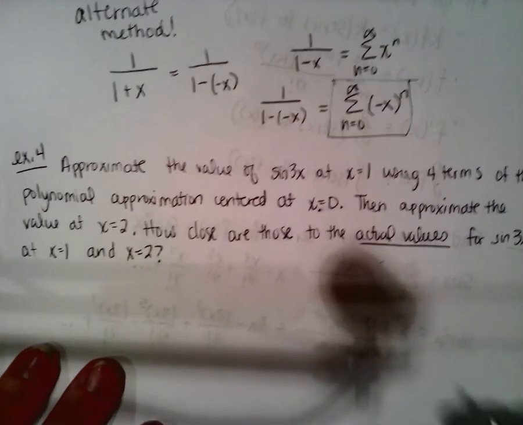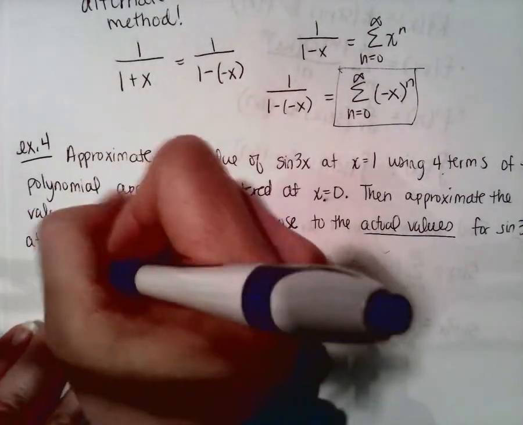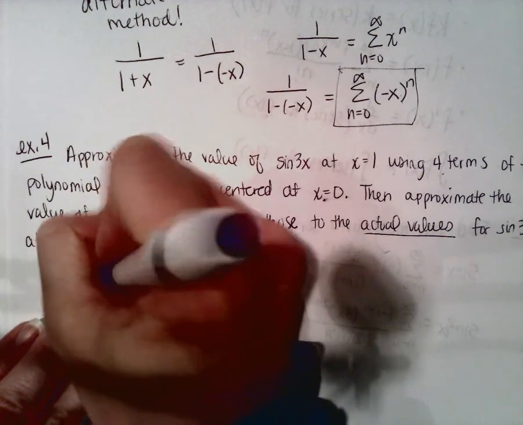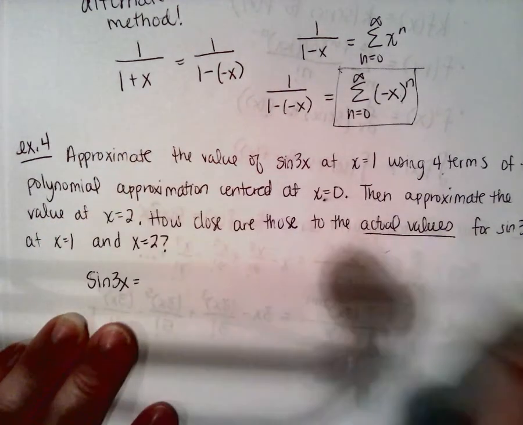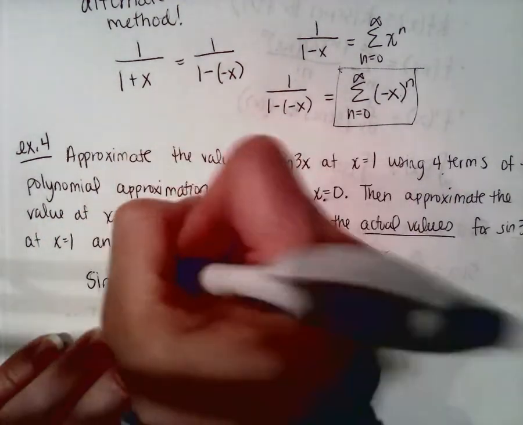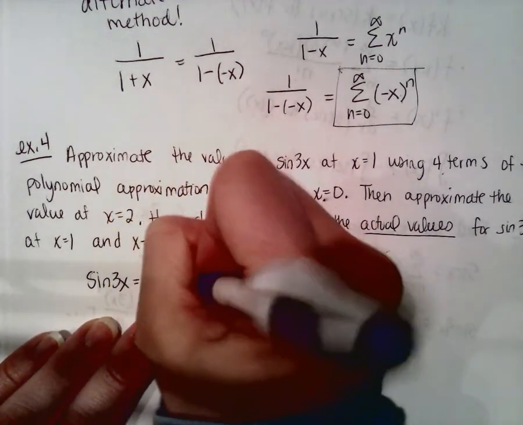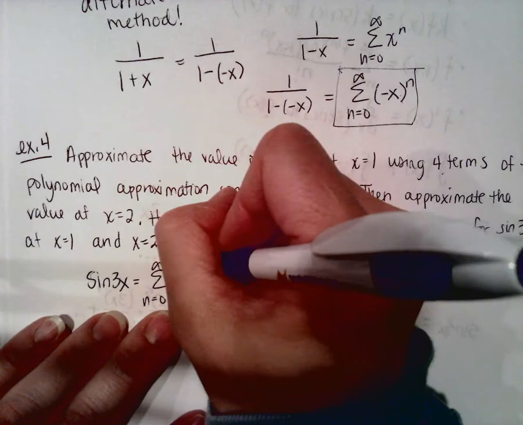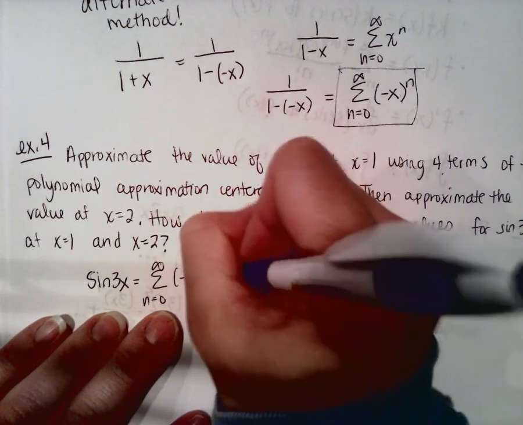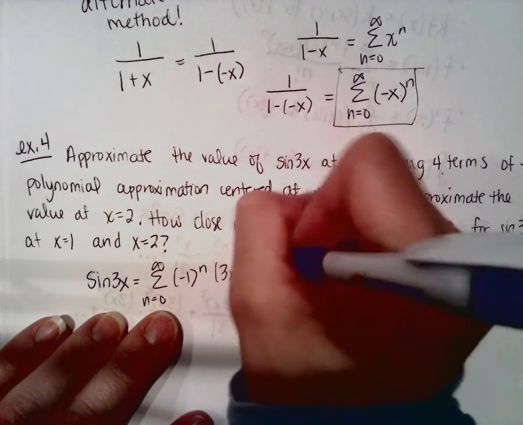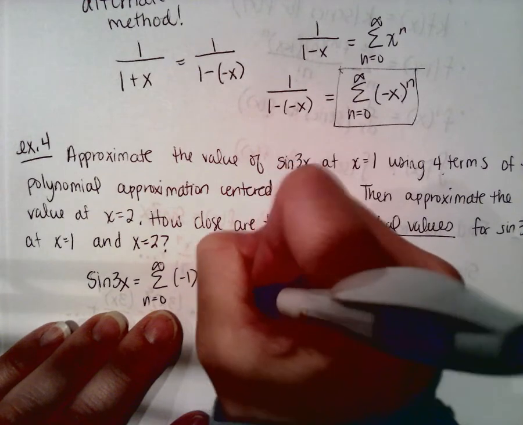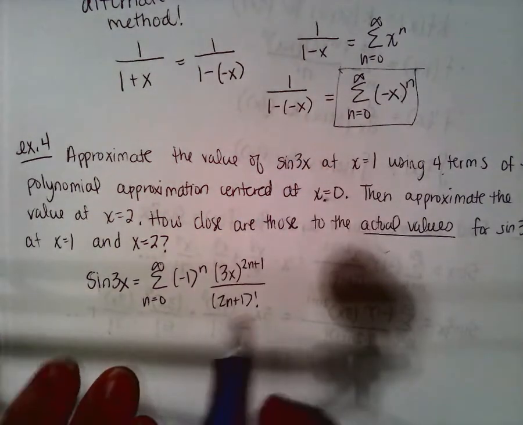So first thing we need to do is write out our series for the sine of 3x, which we already found in our first example. So remember, that was the sum from n equals 0 to infinity of negative 1 to the n times 3x to the 2n plus 1 over 2n plus 1 factorial. So that was the series.